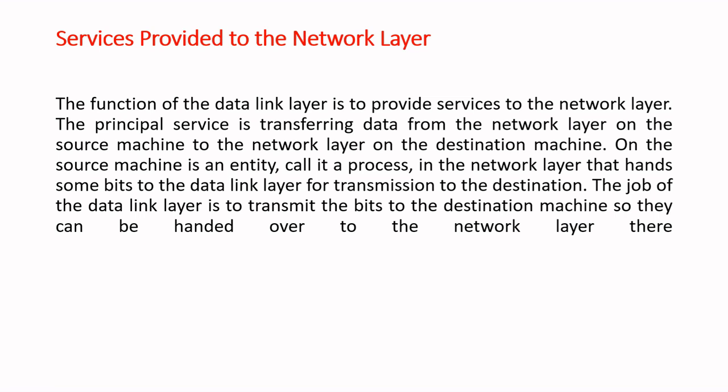So call it a process in the network layer that hands some bits to the data link layer for transmission to the destination. So the job of the data link layer is to transmit the bits to the destination machine so they can be handed over to the network layer there.